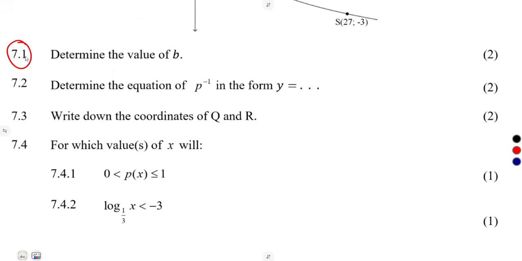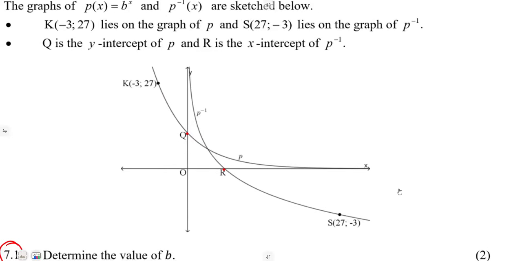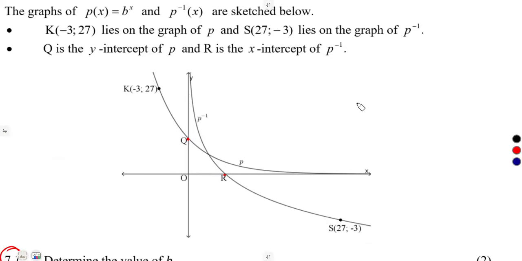The first one, 7.1, was to determine the value of b. So we can easily find the value of b from our p(x). Remember, our p(x) is given as b to the exponent of x.